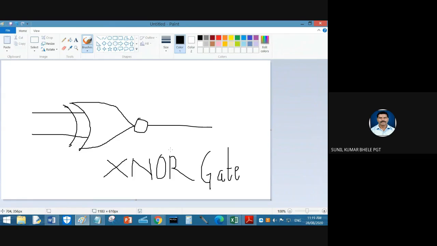So I hope you have drawn this symbol in your notebook. Now let's write down the truth table of this exclusive NOR gate.